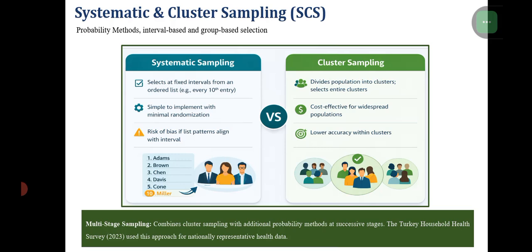Let's say in cluster sampling. In cluster sampling, you have a population divided into clusters, and these clusters are usually naturally occurring. Let's say states, local governments, countries, continents, villages, communities.